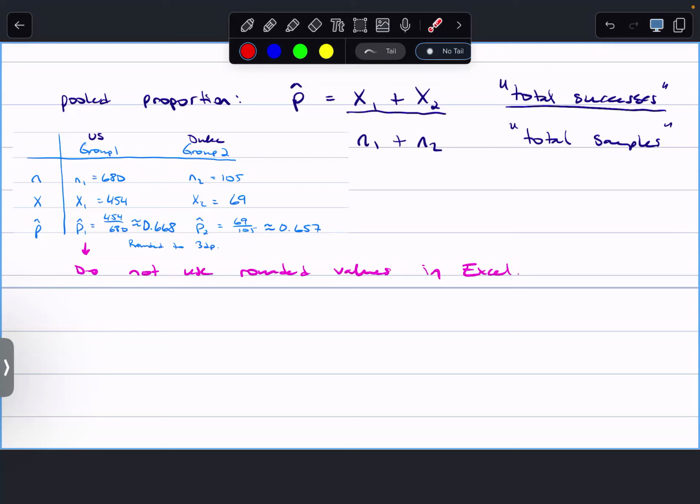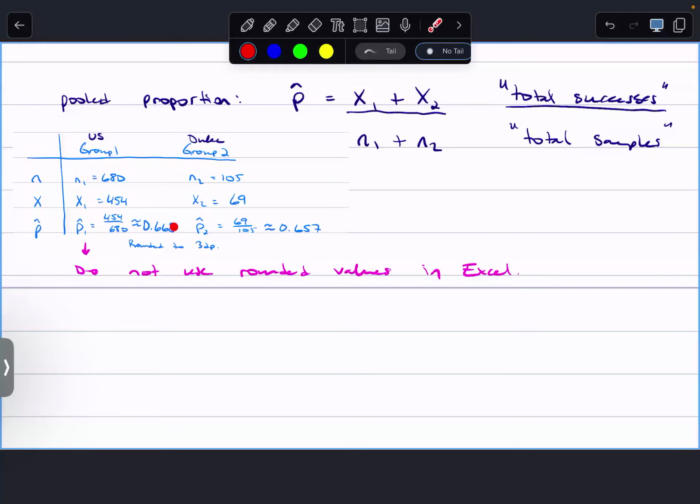Okay, so from here, this pooled proportion, let's find this little guy. If we take a step back, this pooled proportion is a mashup of p1 hat and p2 hat, essentially. It's going to be weighted more towards the larger sample, so more towards the US, but it's always going to fall between these two proportions.